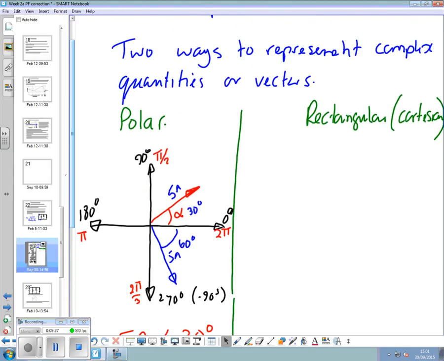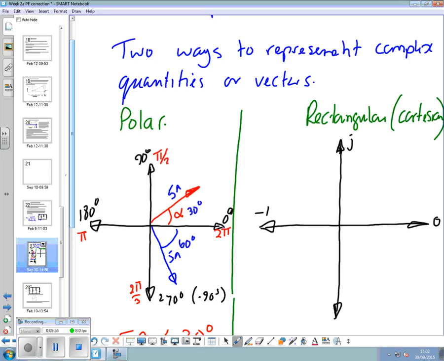Rectangular, on the same axis, we have 0, j, minus 1, and minus j.